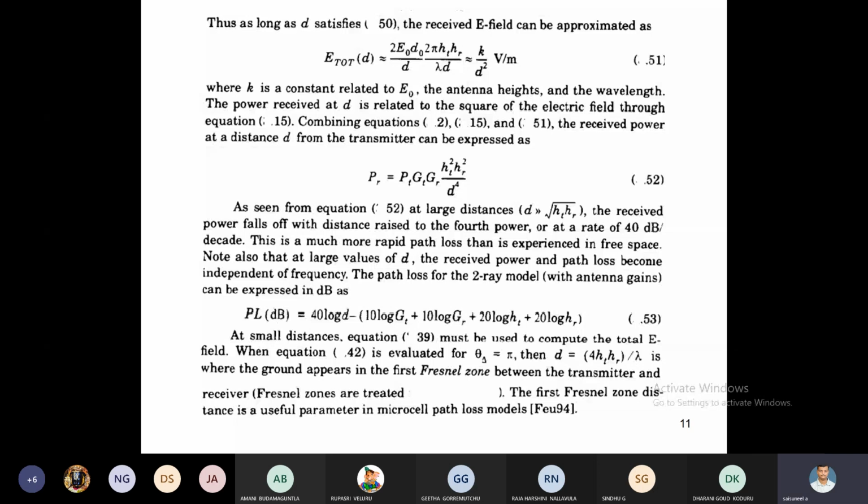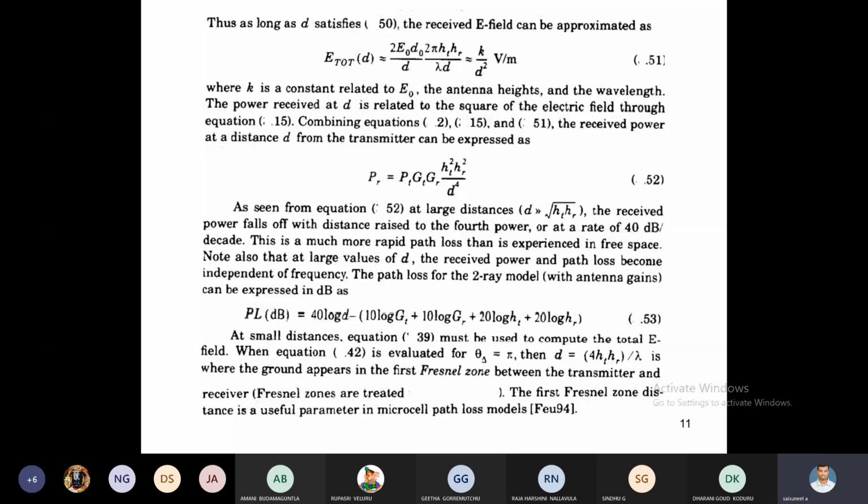How do we calculate path loss? PT minus PR, otherwise PR by PT, which is equal to GT GR ht square hr square by d power 4. Then the path loss PL of d is equal to 40 log d minus 10 log GT minus 10 log GR plus 20 log ht plus 20 log hr.